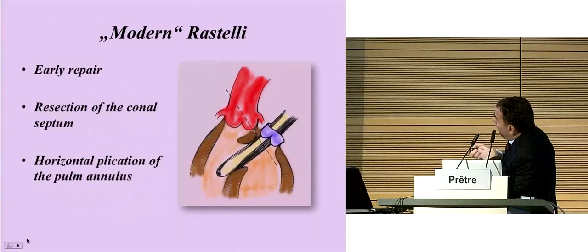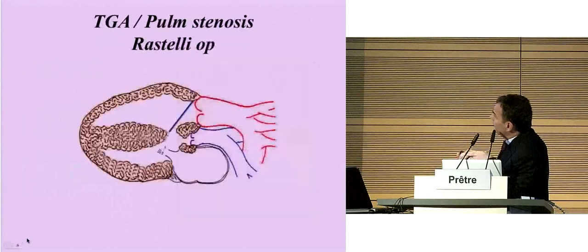We do a horizontal plication of all this area here, so that the pulmonary valve or annulus is plicated in this direction, bringing the aorta towards the mitral valve to reduce the distance between the left ventricle and the aorta. This is what we have done.